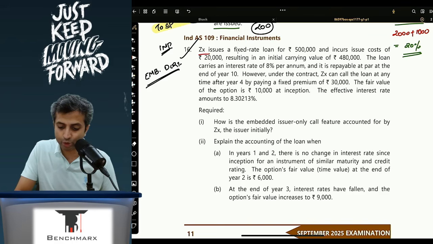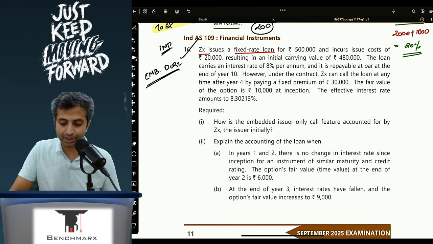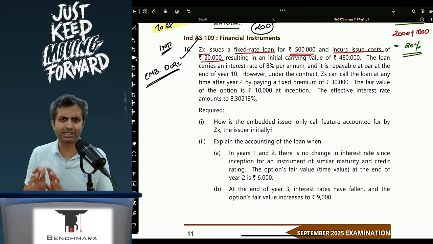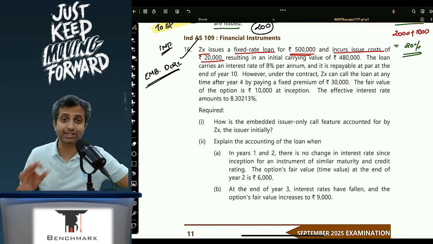ZX issues a loan, like an issuer issues debentures. So that is a borrower. ZX is a borrower, and issues a fixed rate loan of rupees 5 lakhs. So this is your actual transaction price, 5 lakhs, and incurs an issue cost of 20,000. Now let us say the question ends over here. If I've taken the loan, my entry is bank account debit 5 lakhs to loan 5 lakhs.